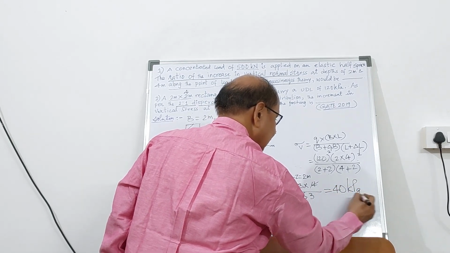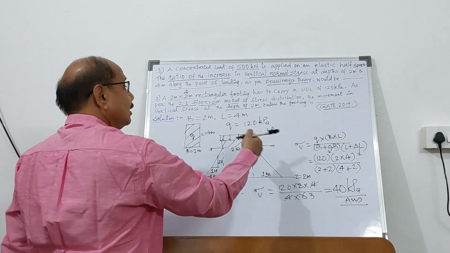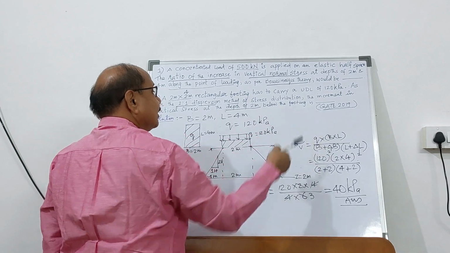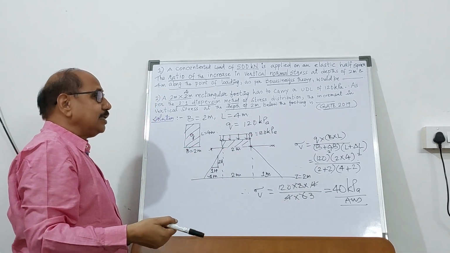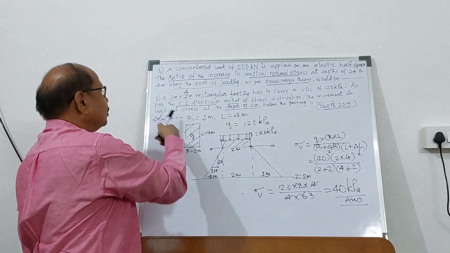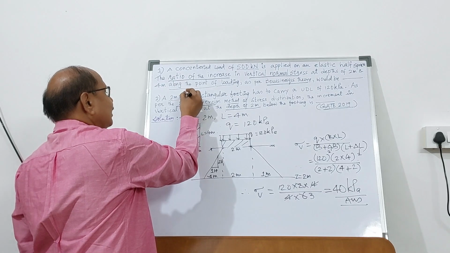This is the answer. So this is the answer of this set civil engineering question of 2019 GATE, set 2. This was set 1. So you can calculate this. The only correction is here.